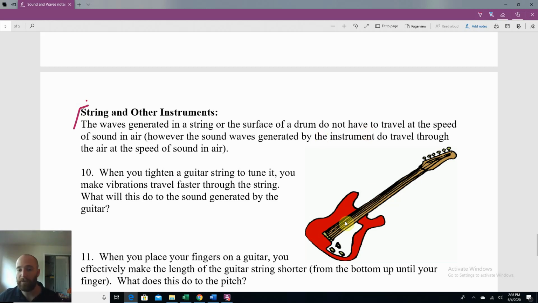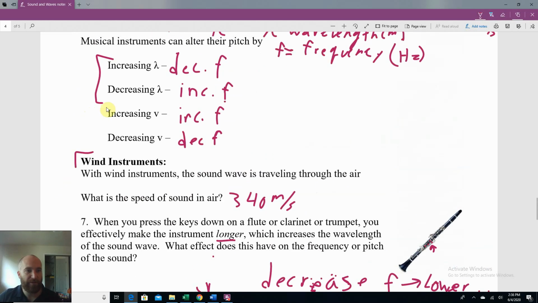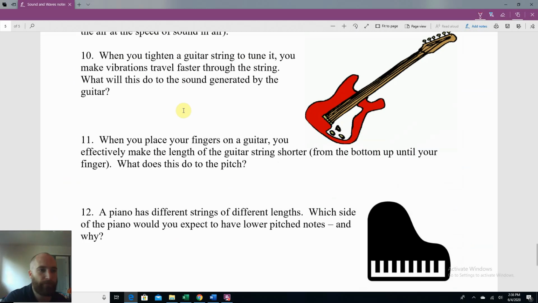But again, we can manipulate the strings themselves to change how fast they vibrate. When you tighten a guitar string to tune it, you make the vibrations travel faster through the string. What will this do? Traveling faster means we increased the velocity, which it looks like will increase the frequency, which gives you a higher pitch.